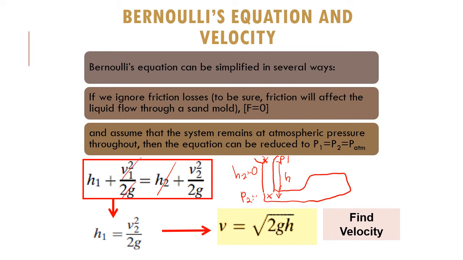We can conclude that the equation becomes H1 equal to V2 squared over 2g. Then we get the calculation for the velocity. By simplifying this equation, you get V equal to the square root of 2gH. That's how you simplify Bernoulli's theorem.